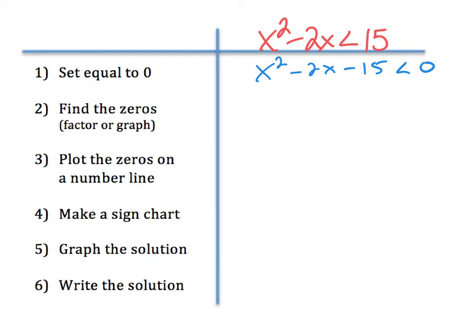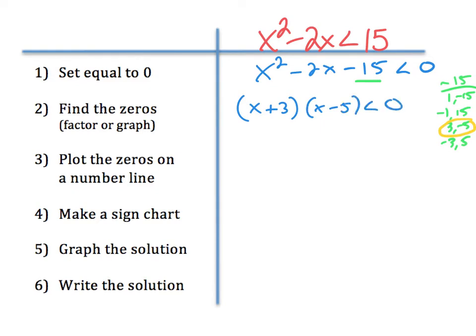The second step is to find the zeros, and we don't care if you graph that and look on your calculator or if you factor that to find them. Most of them that we come across today will be factorable. So if I look at factors of -15 that add up to -2, 3 and -5, or -3 and +5, it looks like 3 and -5 are the two values there. So that's going to factor into x plus 3 and x minus 5.